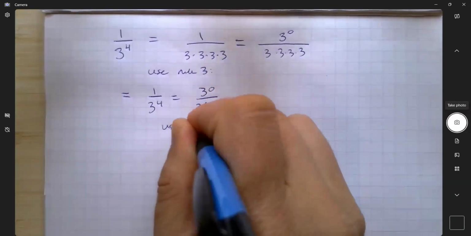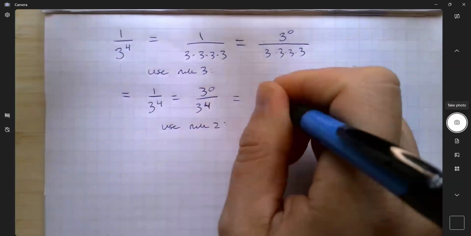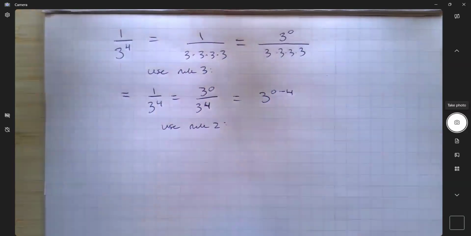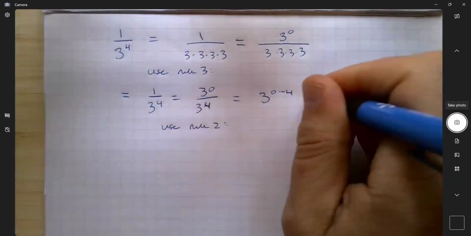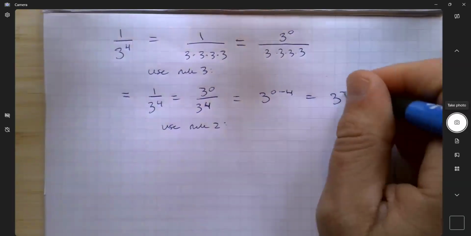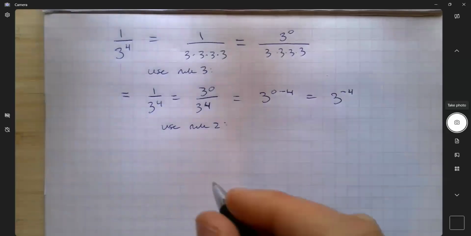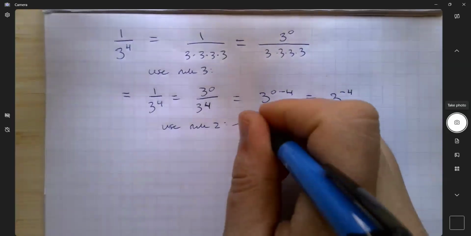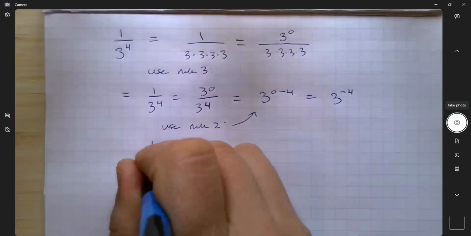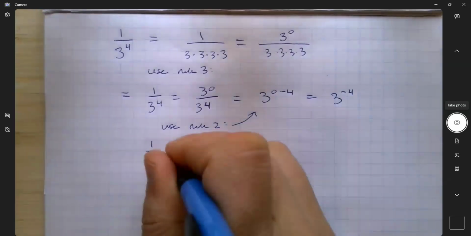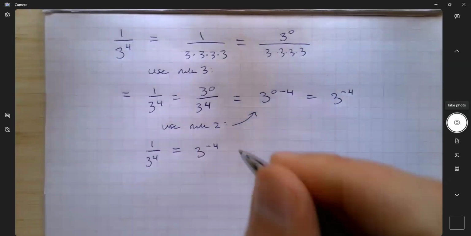Now I'm going to use rule 2 and write that as 3 to the 0 minus 4. 0 minus 4 is -4. So what I end up with is that 1/3 to the 4th equals 3 to the minus 4.